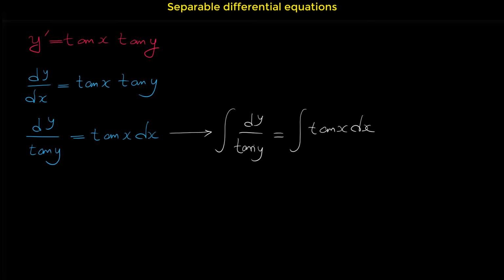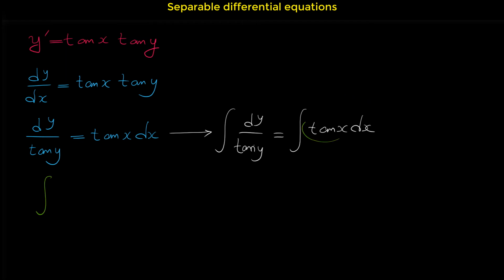In differential equations, we see the integral of tangent of x dx repeatedly. So I highly recommend you memorize the integral of tangent of x dx, which is actually ln of secant of x. I will show you why the integral of tangent of x dx is ln of secant of x, or actually negative ln of cosine of x also.